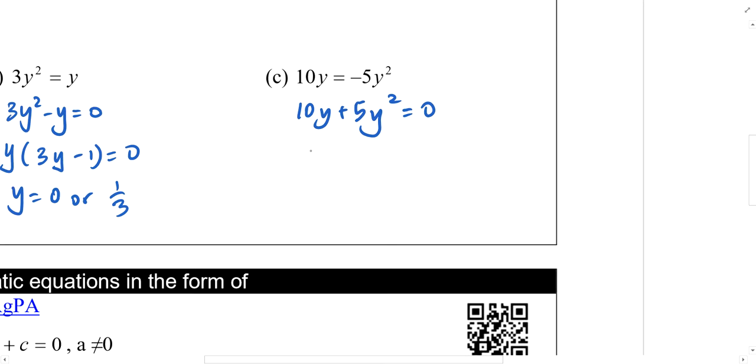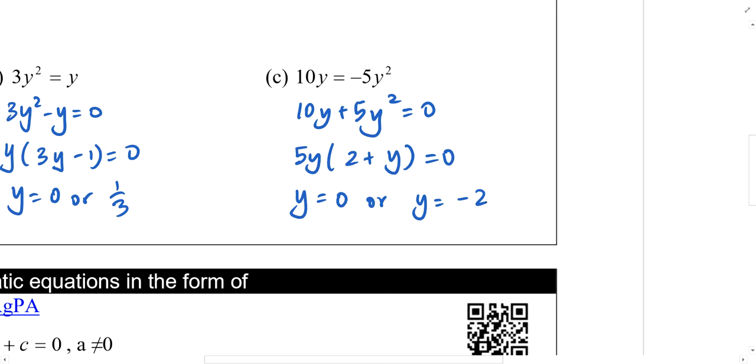Equals to 0 then. Okay. Like this? Okay, correct. Next one will be radius already.